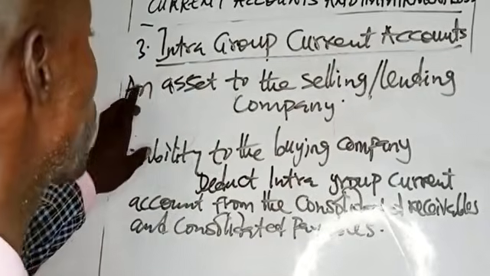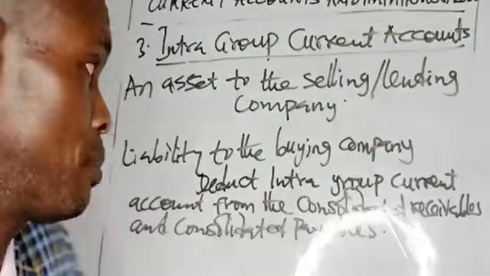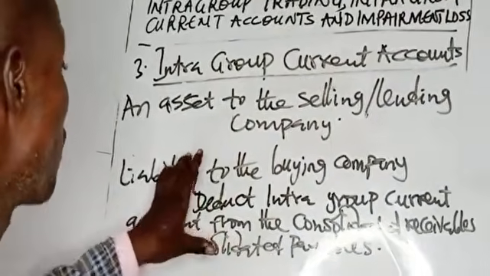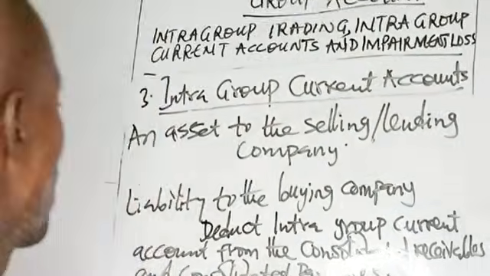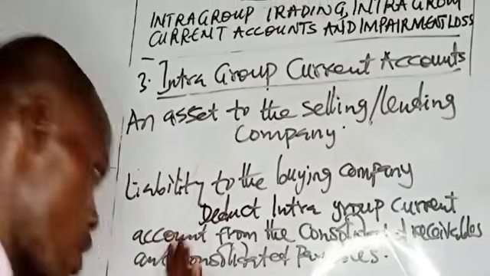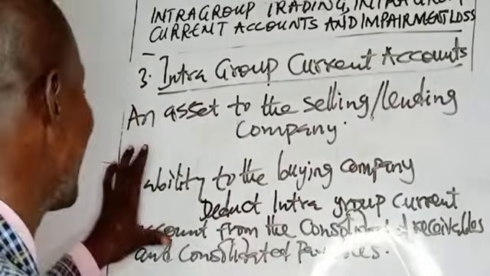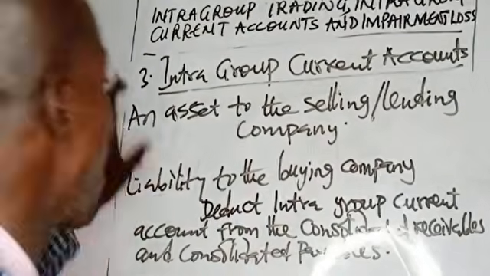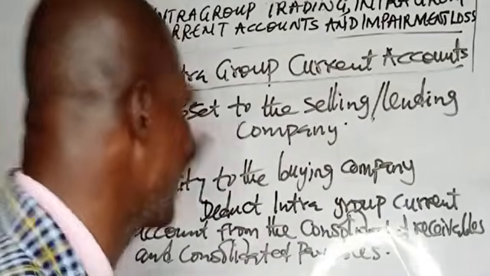Where the intragroup current account is given as a separate line item in the financial statements of the individual companies within the group, you should eliminate the intragroup current accounts, whether they agree or not. But where it is not given as a separate line item, and you have it in the footnote, intragroup current accounts should be deducted from the consolidated receivables.